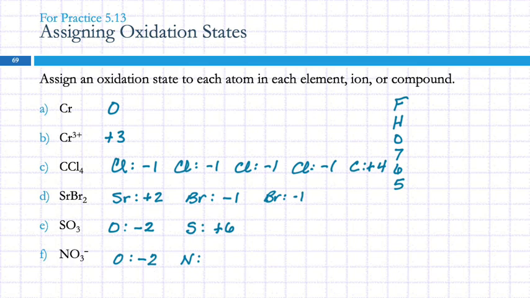So I have 3 of these oxygens, right? I have 3 -2s. And then I have my nitrogen. I'm going to call that X because I don't know what it is. That's what I'm trying to find out. And those need to add up to the overall charge, which is -1. So then what is X? +5. Any questions?